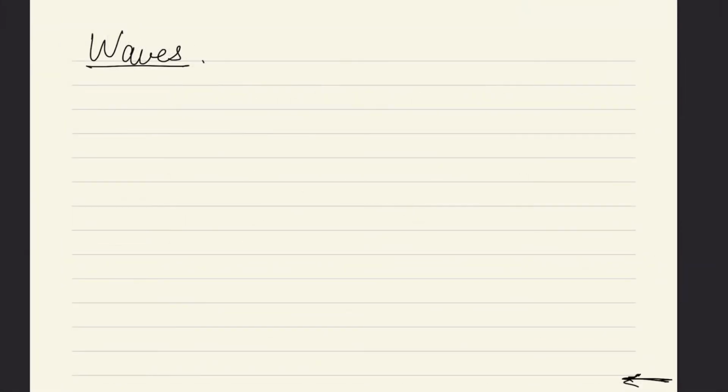In waves, first of all, we have to discuss what waves are and why they are used. Basically, waves are used to transfer energy from one point to another without transferring the matter. All right, so I'm just going to write it over here.